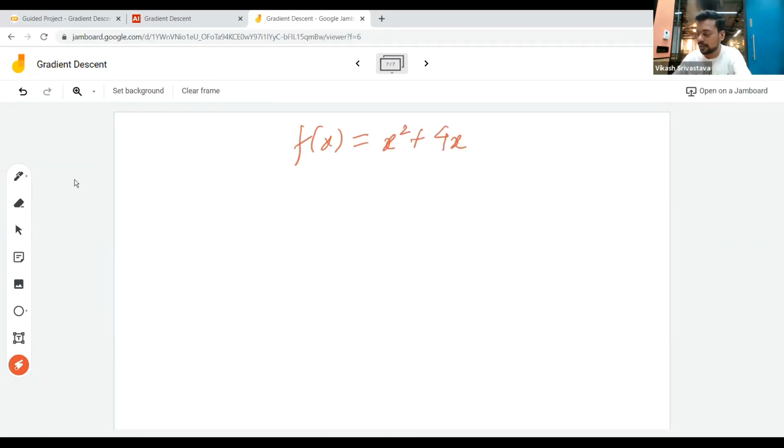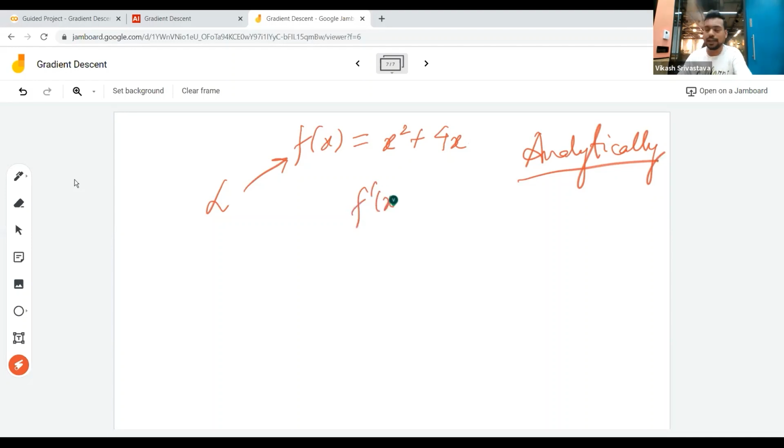This function is similar to what we also call the loss function. In this case, we were able to do it analytically. That means we simply calculate f dash x, equate it to 0, and get the value of x for which this function takes the minimum value.